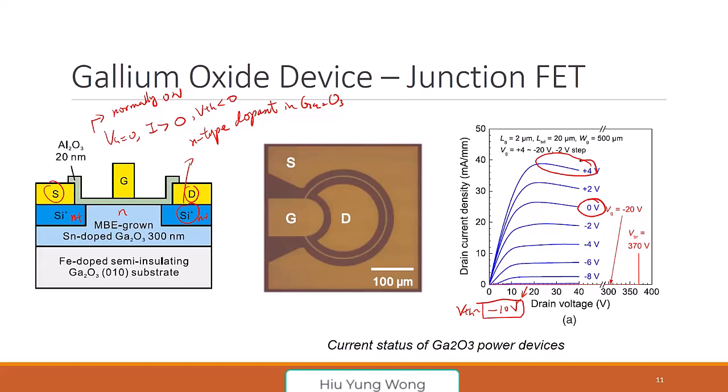Yeah. The +4 volt is the gate voltage. So for the same gate voltage, why when I increase the drain voltage, I got smaller current? What can be the reason? Higher resistance? Because of resistance.